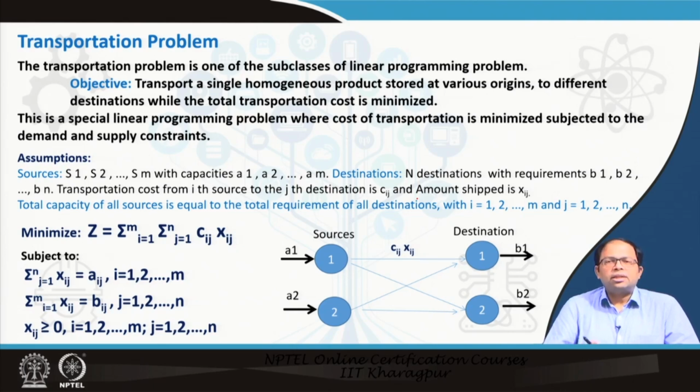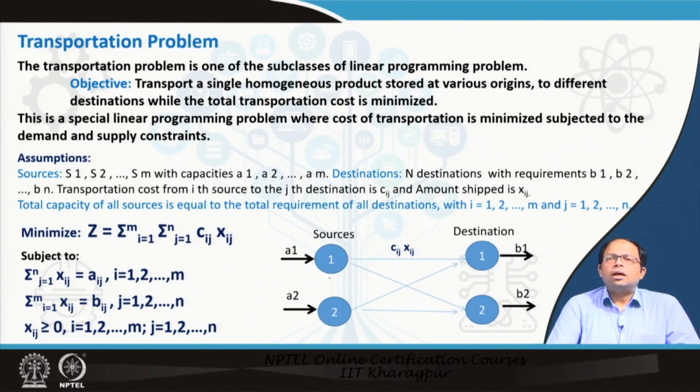So this is the first, and the transshipment problem is a transportation problem where there is a transshipment center as well. The transportation problem is one of the subclasses of linear programming problem, and the objective is to transport a single homogeneous product stored at various origins to different destinations while the total transportation cost is minimized.